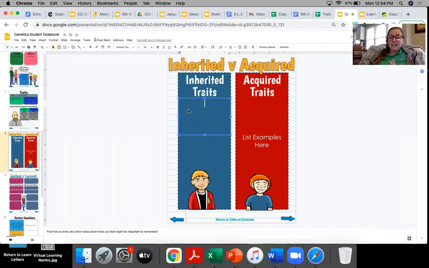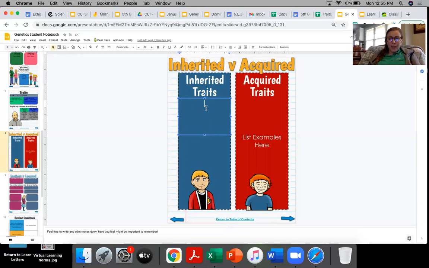All right, guys. So the last thing we're going to talk about today are inherited and acquired, because on your assignment today, you're going to have to analyze different traits in 2 different ways. You're going to have to tell whether it's physical or non-physical, and then you're going to have to tell whether that trait has been inherited or acquired, whether it was learned or whether you were born with it.